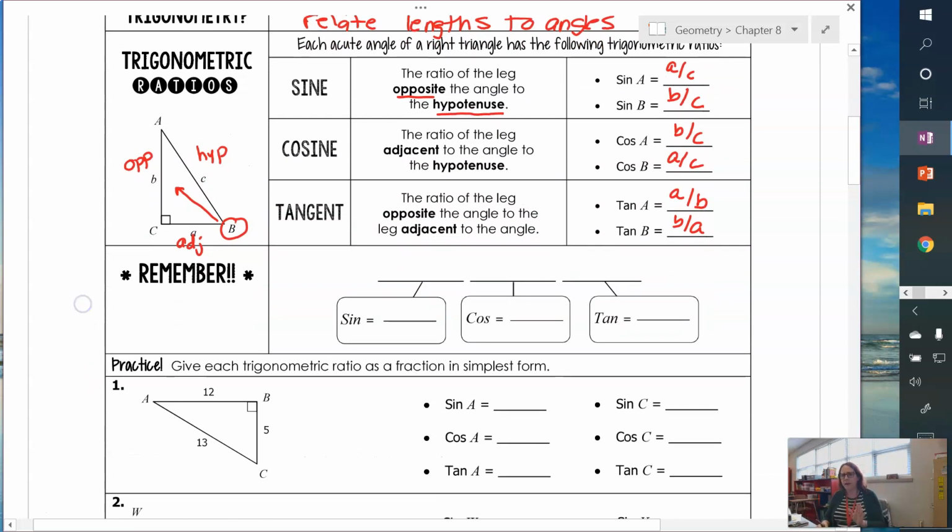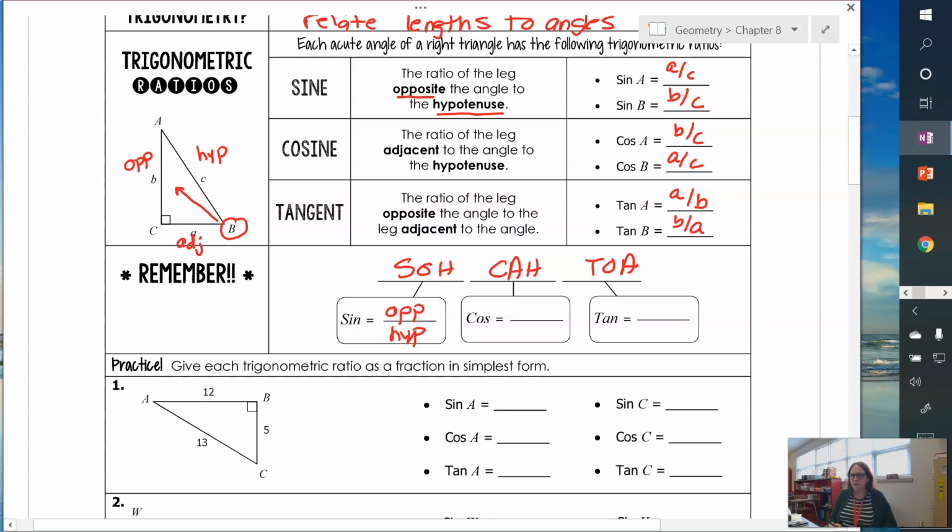Now, easy way to remember this is SOHCAHTOA. And that helps you remember how to set up these ratios. So, SOH stands for sine is opposite, O for opposite, H for hypotenuse, so that means opposite over hypotenuse.